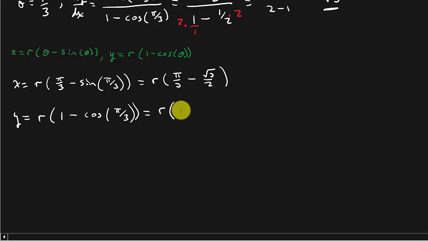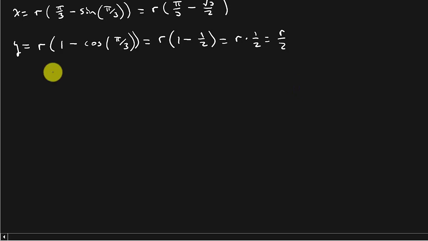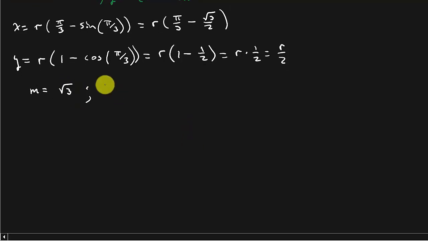That's going to be 1 minus, and the cosine of pi over 3 is 1/2, so that's R times 1/2, which is R over 2. So there's our point. Our slope is square root of 3, and our point is R times pi over 3 minus square root of 3 over 2, comma, R over 2.